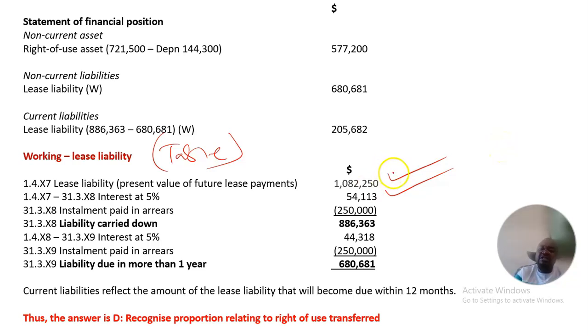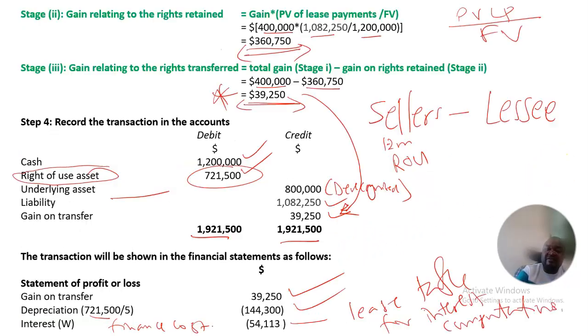This is the amount that is charged to the statement of profit or loss as your finance cost. So this is where we obtained the finance cost, and you have done it. So those are the three items which have to be found in your statement of profit or loss. If the examiner says, come up with the statement of profit or loss, those are the three items in relation to right of use assets.